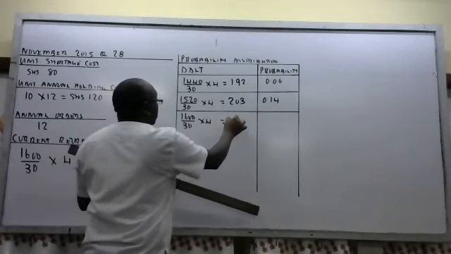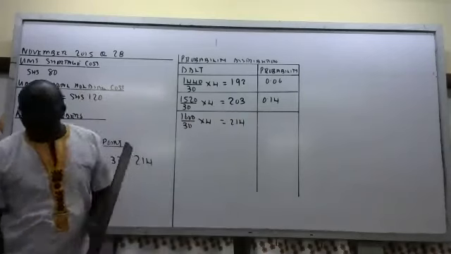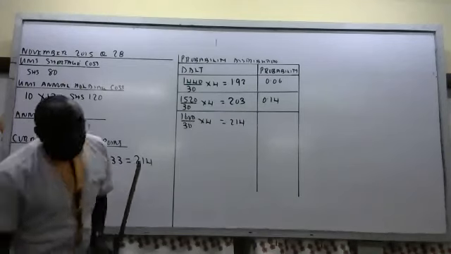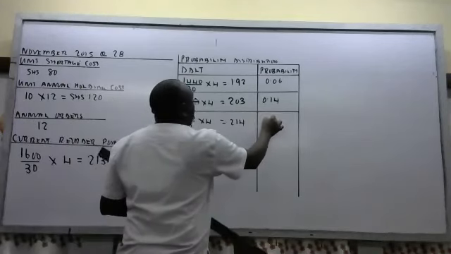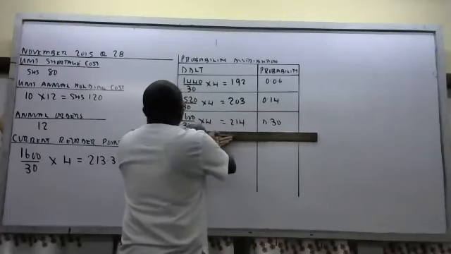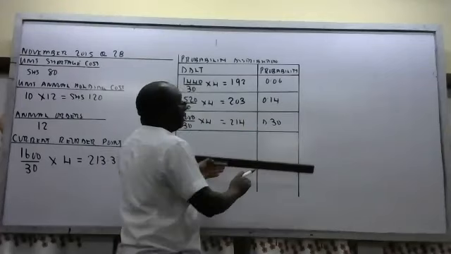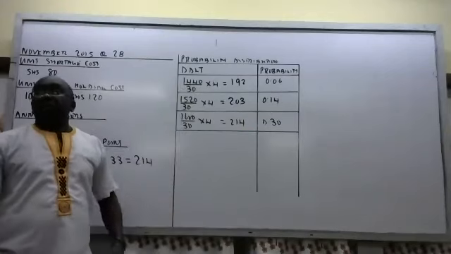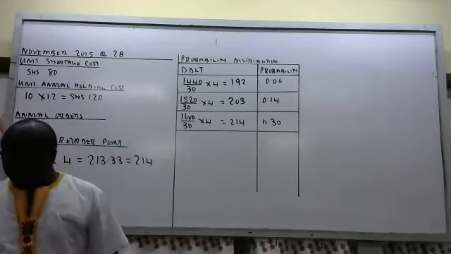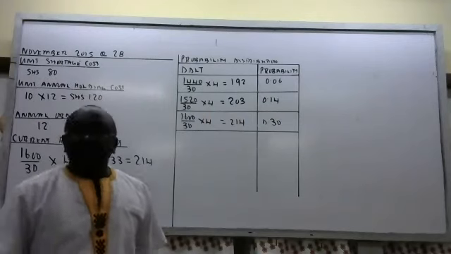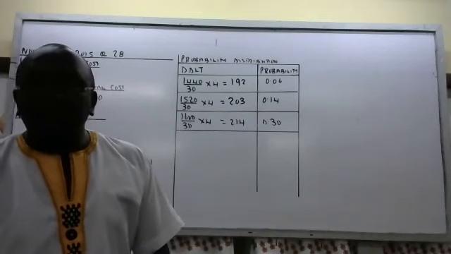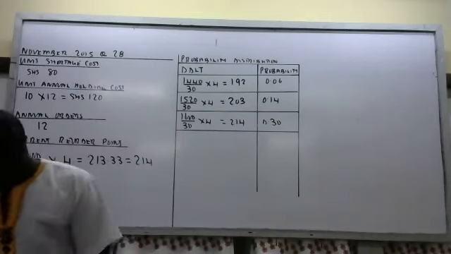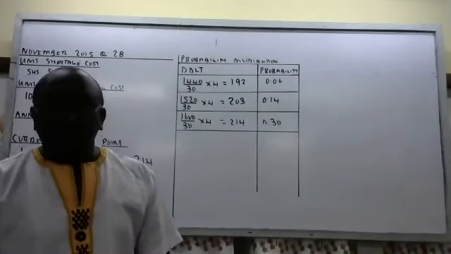That comes to 214, and we have 0.30. Now, because time is up, you will finish that table, then we will continue from there. We will pick up from there in the next lesson, God willing. Thank you.